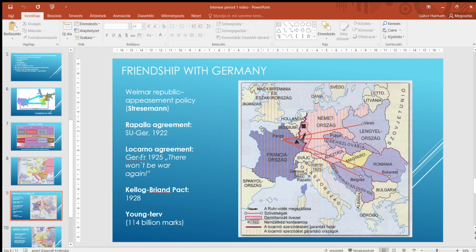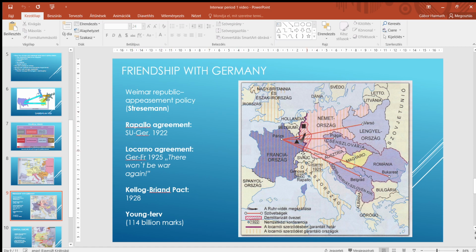Okay. So to develop between the two wars, after the economic crisis, they had to somehow start a new relationship with Germany. If we become friends again with the Germans, then peace will be long-lasting. So what happened?